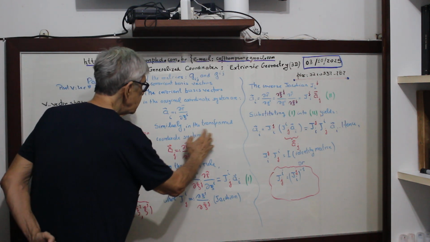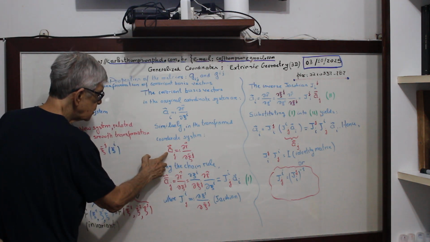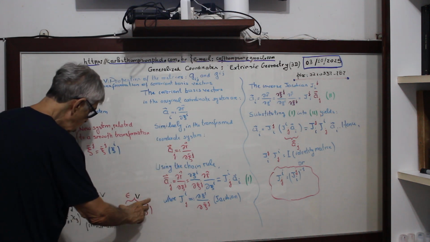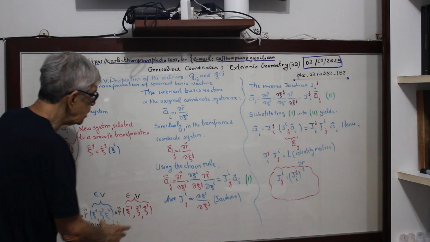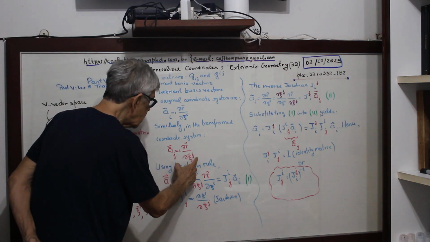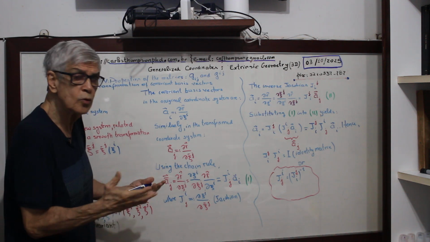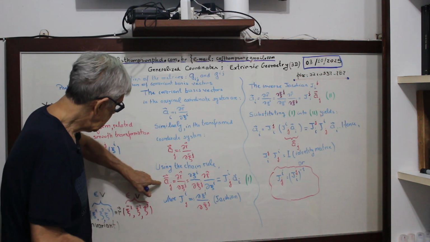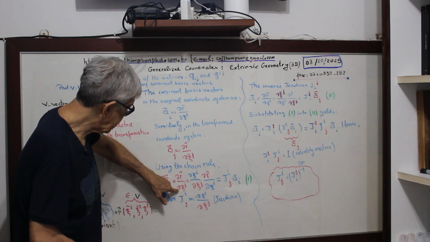Now, similarly, in the transformed coordinate, this is A J bar, part of the same R, the same position vector, with respect to Xi bar J, right? By definition. Now, I will just use the chain rule from calculus. So A bar J, partial of R with respect to Xj.